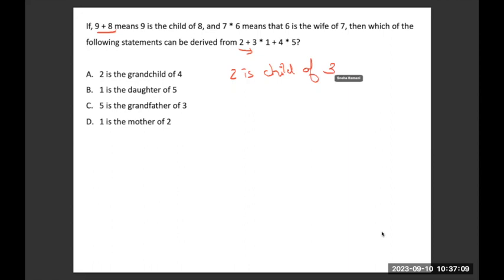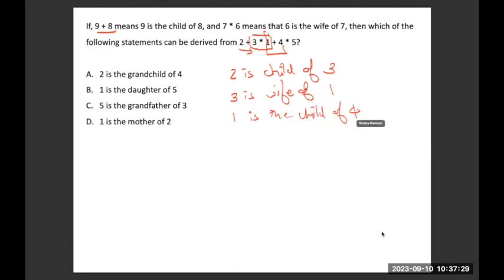Then comes 3 into 1, which means 3 is wife of 1. Then comes 1 plus 4, which means again 1 is the child of 4. Then comes 4 into 5, and 4 into 5 means 4 is the wife of 5.